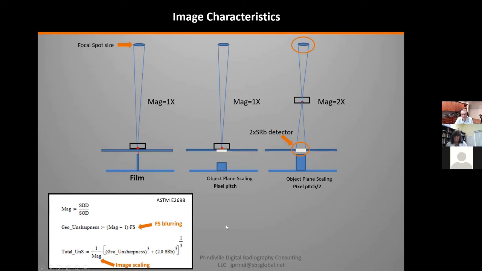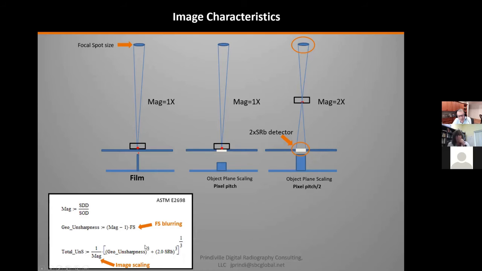So there's the ASTM standard 2698, which basically calls out the equations for calculating what they call total image unsharpness. And to do that, we know what geometric magnification is: source to detector distance divided by the source to object distance.